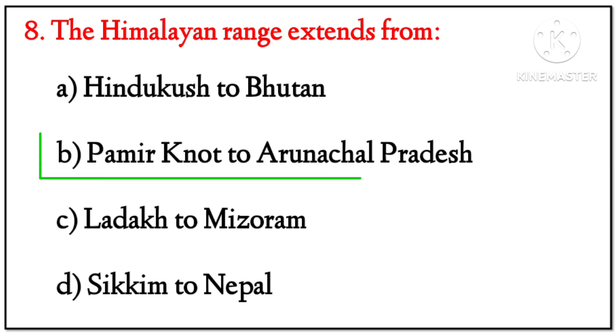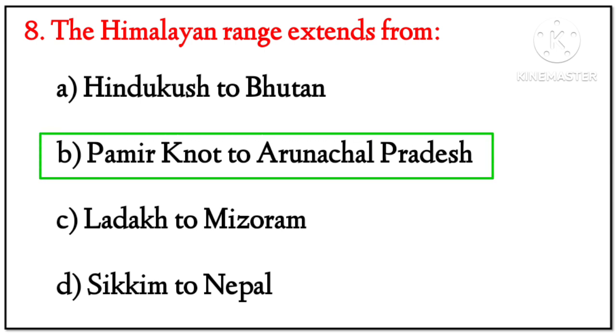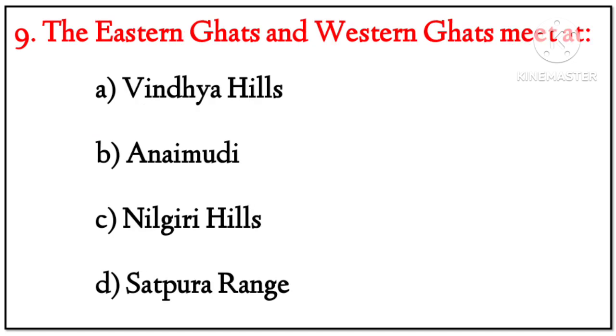Our right option is the second one, D, Pamir Knot to Arunachal Pradesh. Ninth, the Eastern Ghats and Western Ghats meet at Vindhyachal Hills, Anamudi, Nilgiri Hills, and Satpura Range. Our right option is the third one, C, Nilgiri Hills.